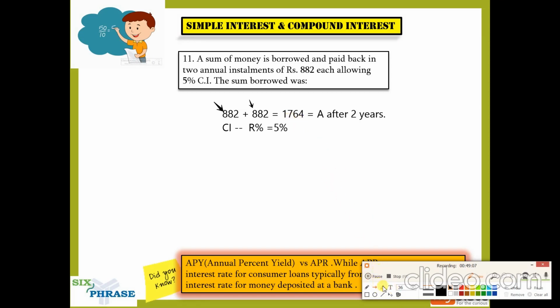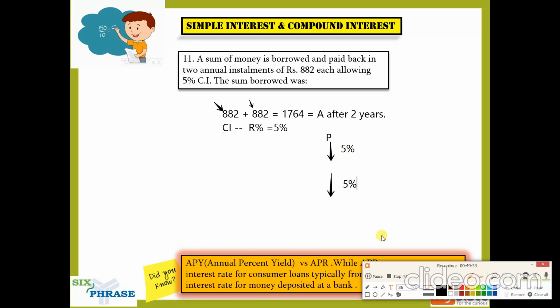This principle will increase by 5%, and then again it will increase by 5%. Okay, because it says 2 years, right?